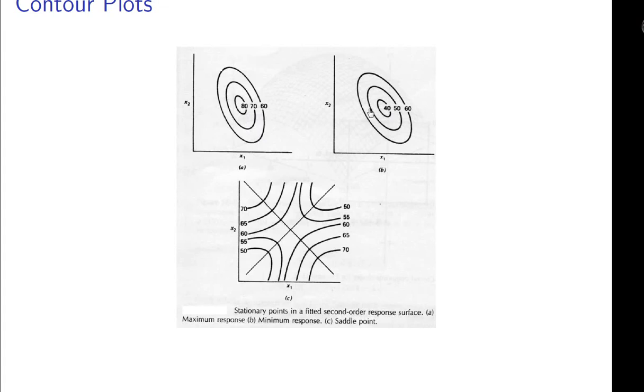This set of contour plots on the bottom represents a saddle point. Right? If I'm traveling along this axis, I'm going 70, 85, 70, 65, 60. Here's 60, 65, 70. So in your mind's eye, if I'm traveling from the top, my values are going down and then going back up.